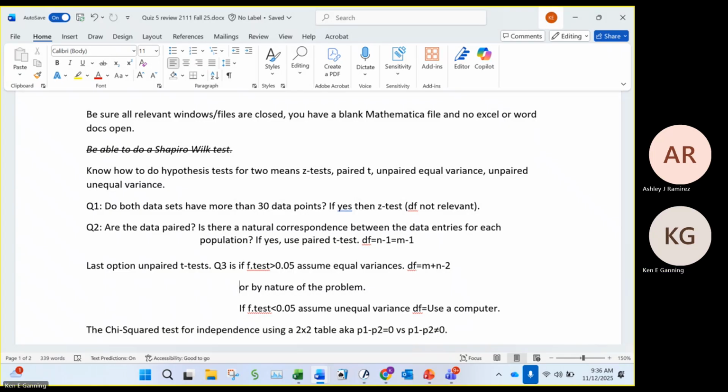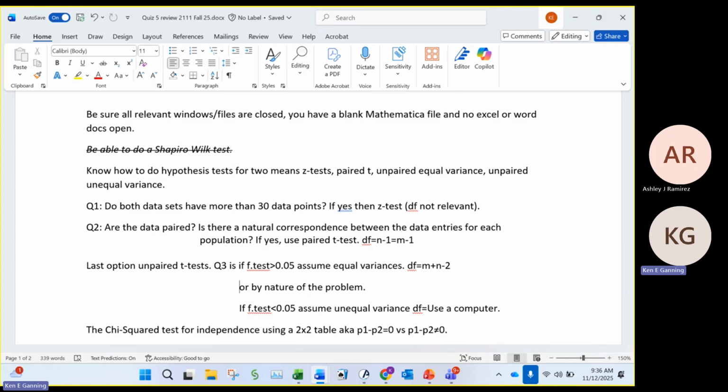Now, do not use the F-test via Data Analysis. The reason being, the F-test via Data Analysis gives you a one-sided p-value. Why? I have no idea. It doesn't make any sense, but they do.